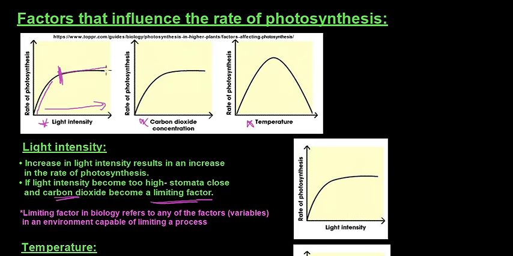If the light intensity increases a lot more, you'll even start to see a plunge in the rate of photosynthesis, because the stomata have closed, which means that there's no longer carbon dioxide coming in.